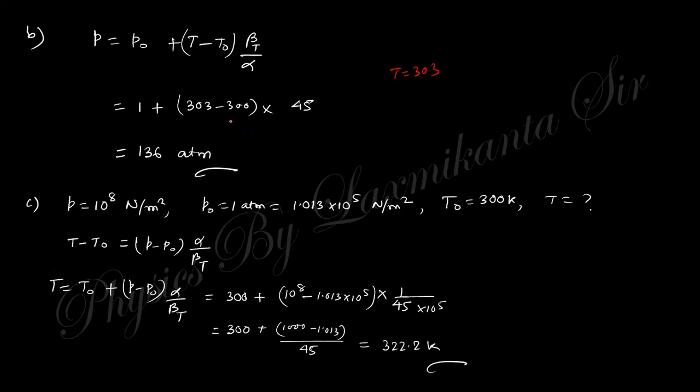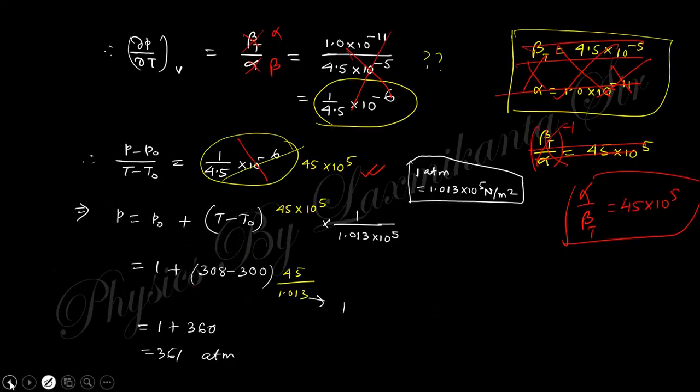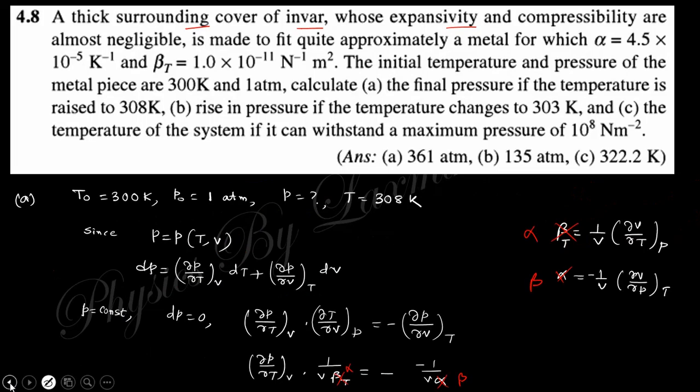In the same expression, put this value of alpha by beta T, the notation is interchanged. So this is 136. Here also it is beta T by alpha, the notation is interchanged. So finally, this is beta T, because this is the temperature.